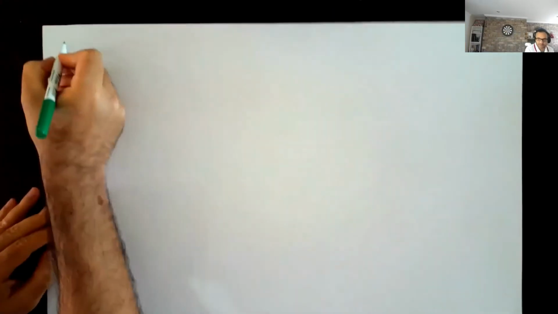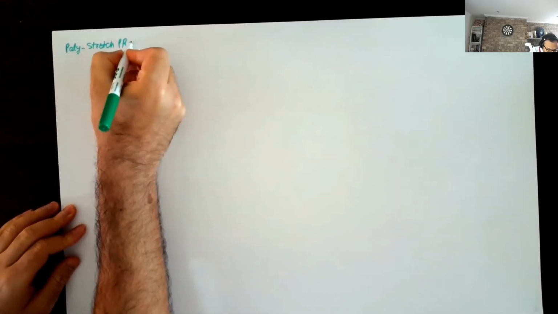So today we will start with the goal of constructing polynomial stretch pseudo-random generators. So our goal will be a poly stretch PRG, right?